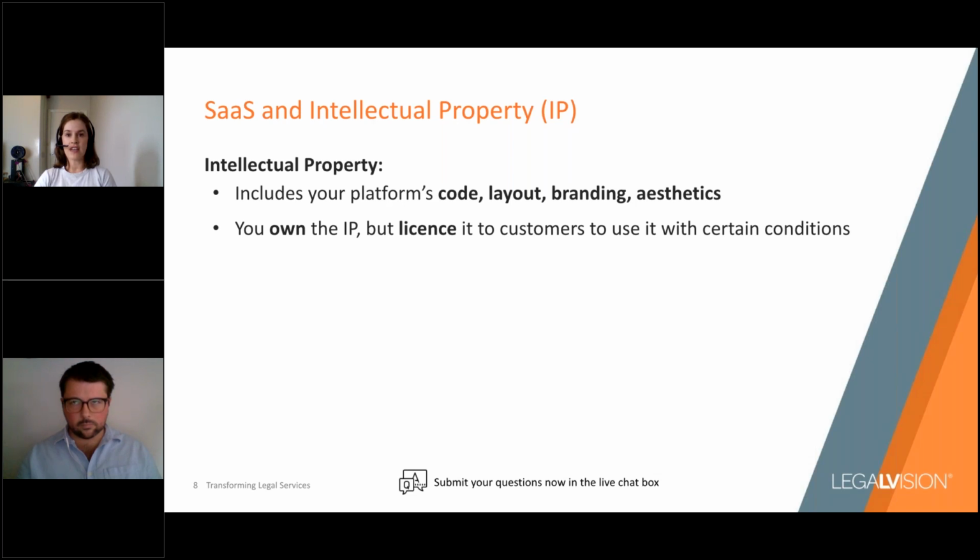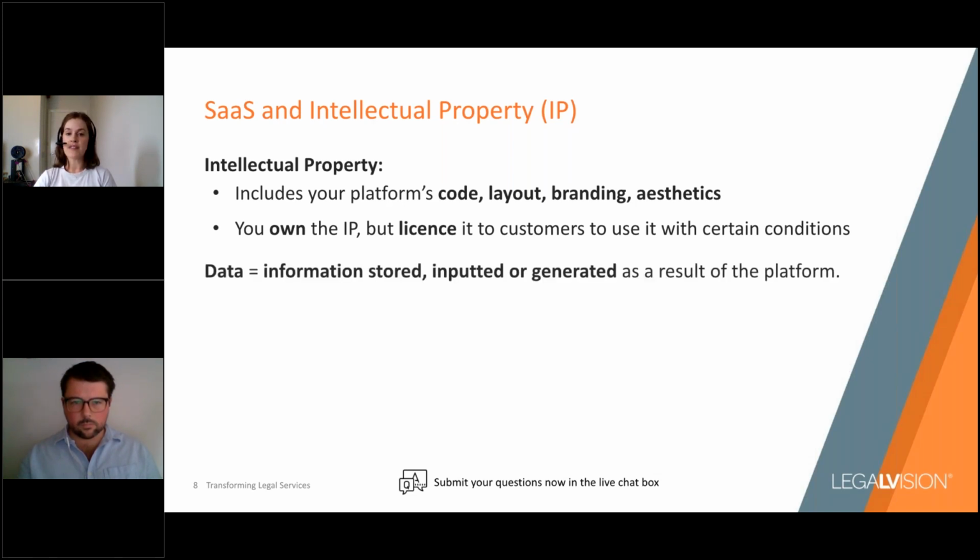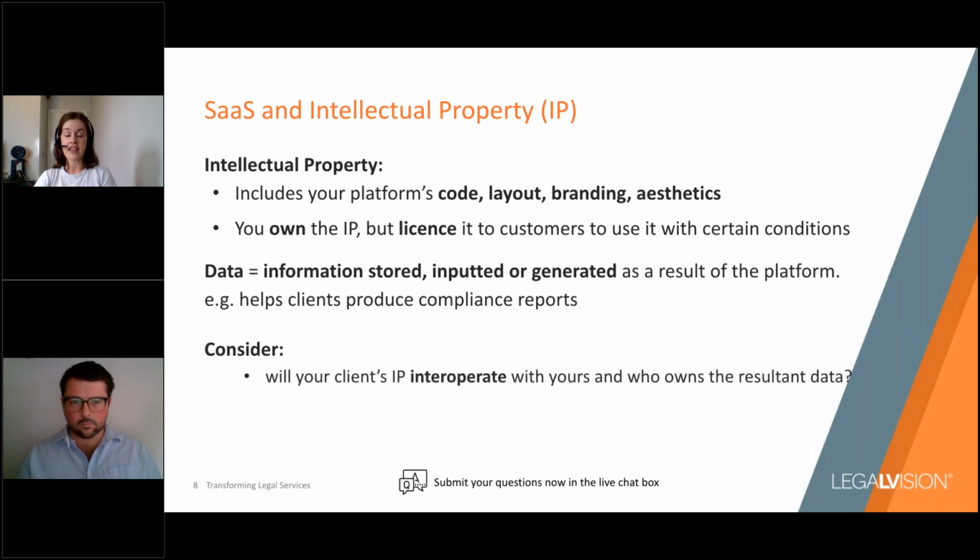So you also need to consider the ownership of any of the IP that your clients bring to the table that interoperates with the platform. So for example, with a lot of the SaaS businesses we see, the clients or the customers can upload their own documents or their images or their branding to the platform. And in that case, you'll actually need a license from that customer to use that content.